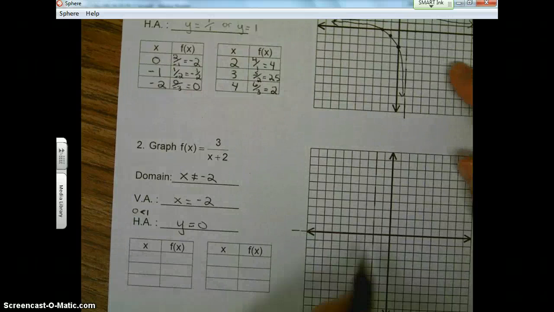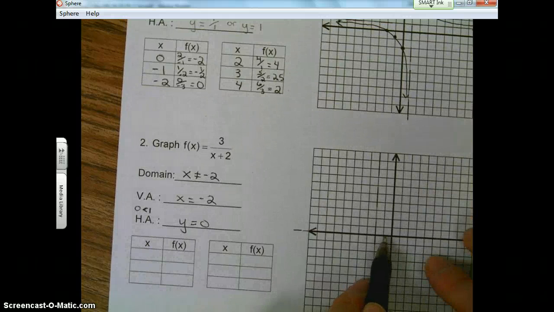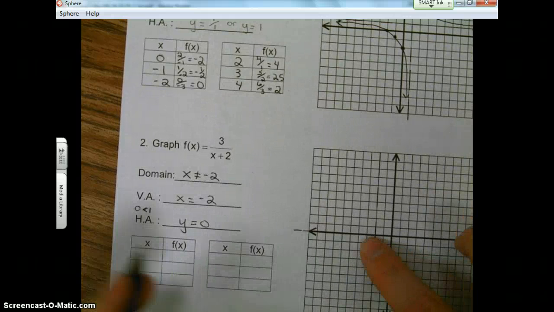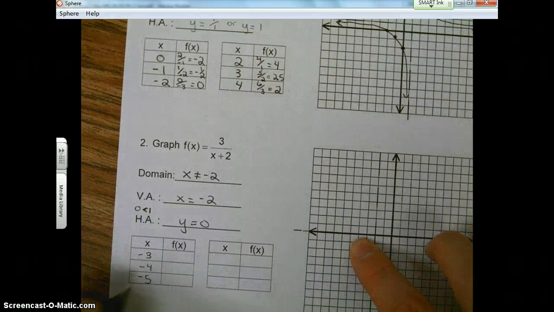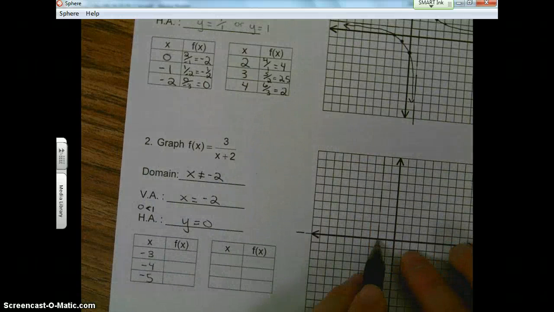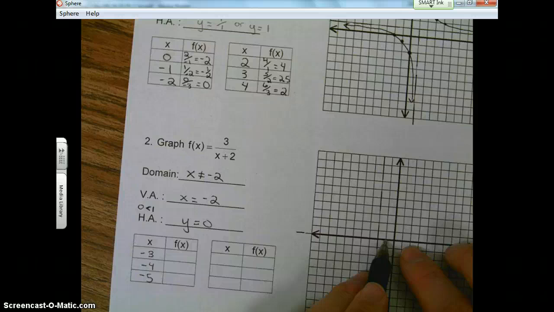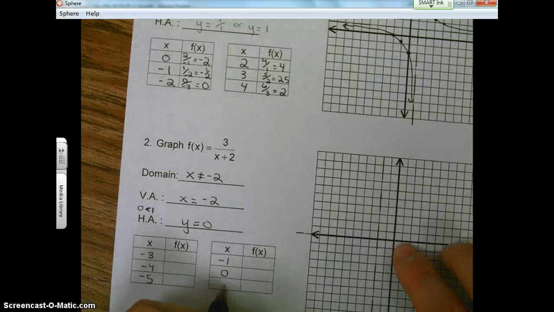Alright, so I want to choose some points to the left of the vertical asymptote. That's going to be negative 3, negative 4, and negative 5. And then I want to choose some points to the right of the vertical asymptote. So let's choose negative 1, 0, and 1.